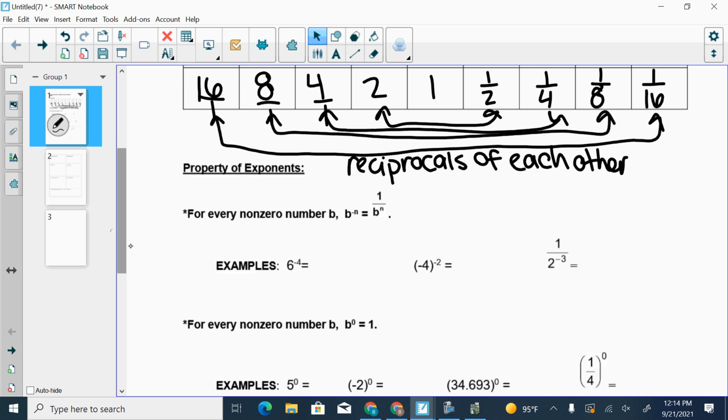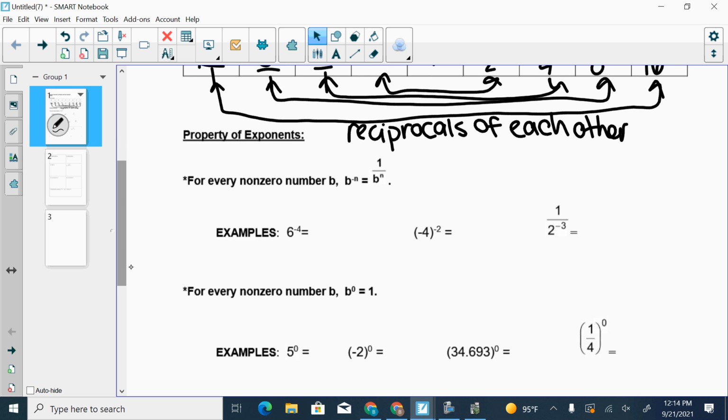Okay, so how could I rewrite 6 to the negative 4th power? How can I make that 4 positive? I move it to the bottom. Right? That's exactly what this rule just said. If you have a negative exponent, you can just move it to the bottom to make it positive.